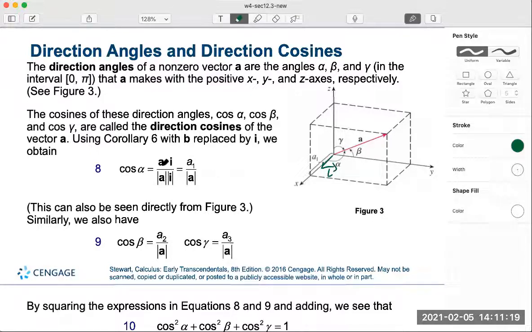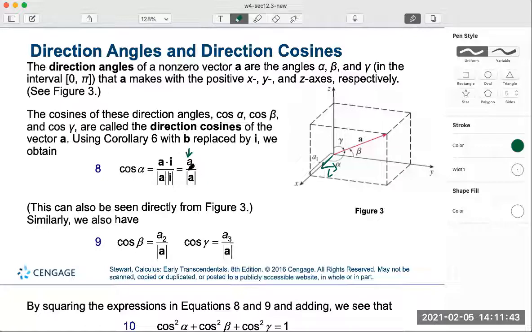Then the dot product of A times I divided by the magnitude of these two gives us the cosine of the angle between them, right? Therefore, it is like this. Or it will be the coordinate in the x direction of vector I divided by the magnitude of this.